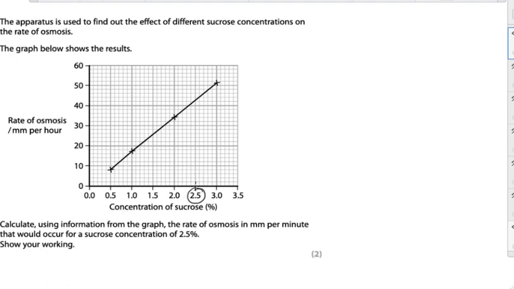Now we're going to read up here and then get to our graph, and it comes in at this point here, and then we have to read along to find out the rate of osmosis in the millimeters per second. Now we need to know what these divisions stand for. So it goes from 40 to 50.